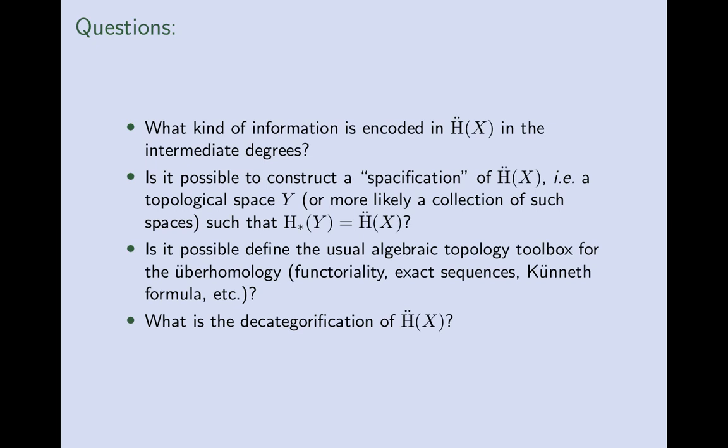I haven't talked about functoriality, I haven't talked about exact sequences or Künneth formula or so on for the Überhomology. That's because I couldn't establish any of these, and again it would be really interesting, especially regarding functoriality, to see what happens.